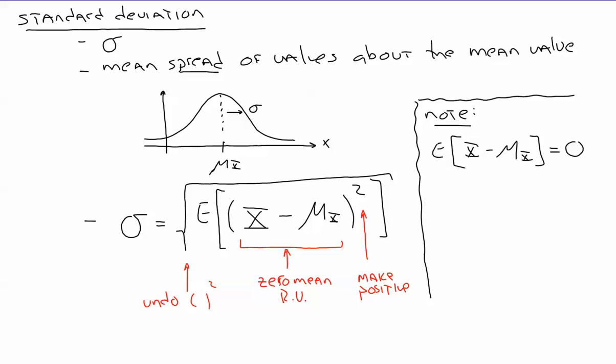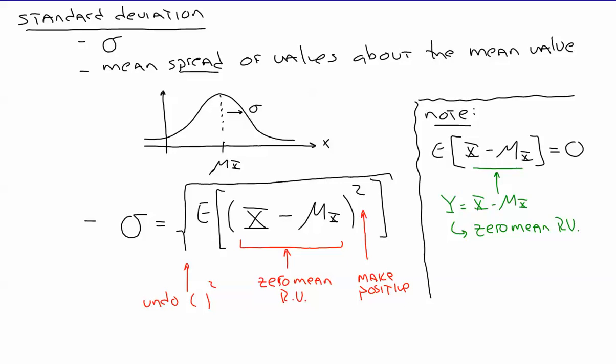If I take any random variable and subtract its mean, this is a new random variable, y, and this is a 0 mean random variable.